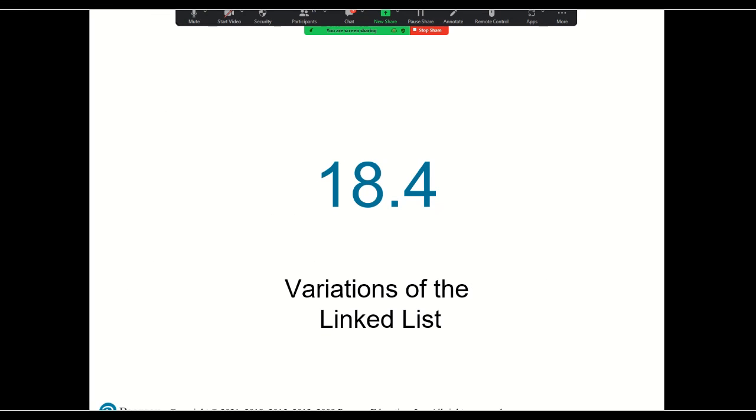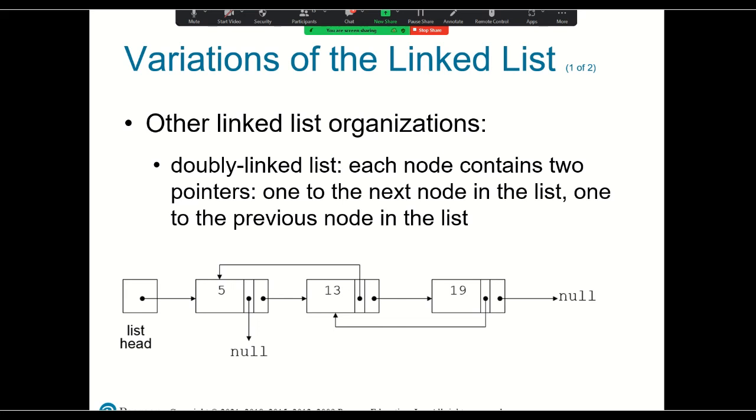So let's move on. We have variations of the linked list, other linked list organizations. You can have a doubly linked list. In this case, you have a previous node and a next node. Along with the previous node, you will also have the next node.